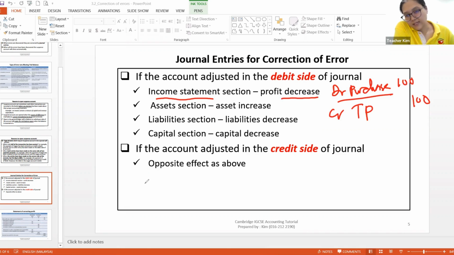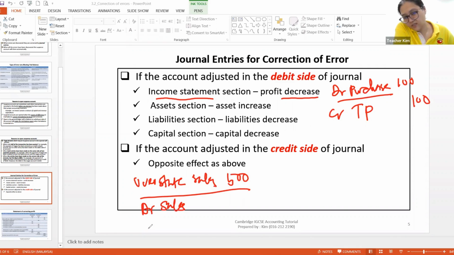Let's say you have another account which is overstated, sales 500. So you have to adjust this amount. You have to debit sales to reduce the sales and credit, let's say, trade receivable 500. So when an income statement account is debited, it will cause the profit to decrease.